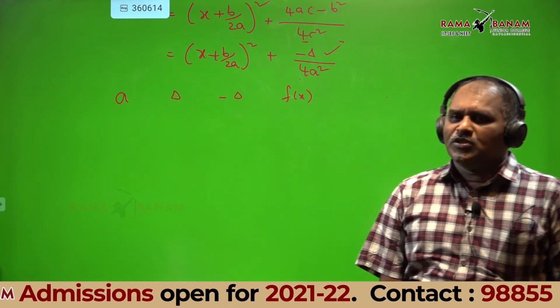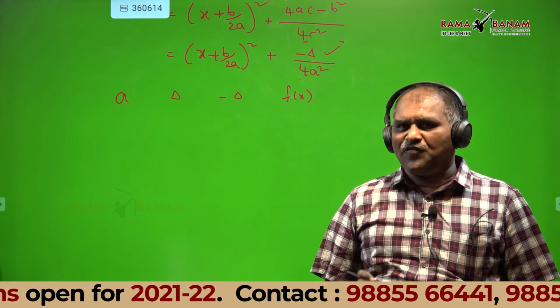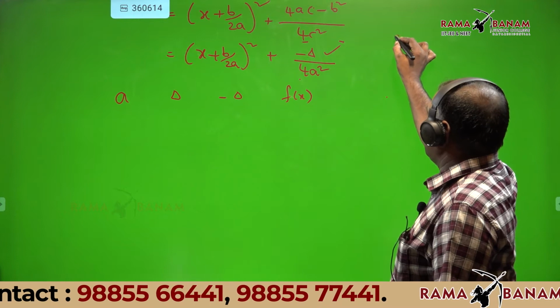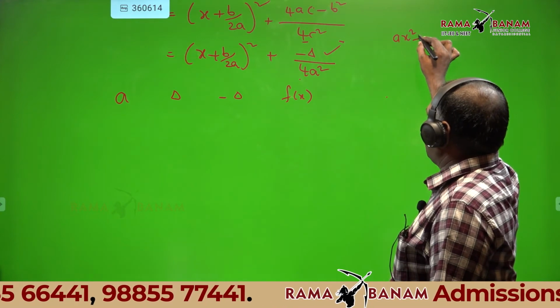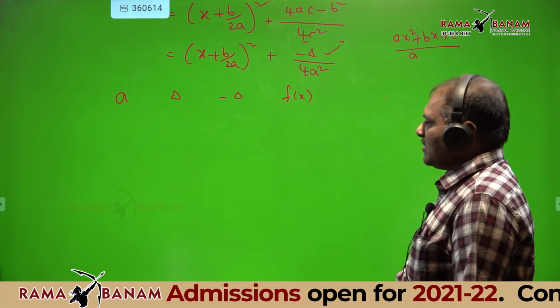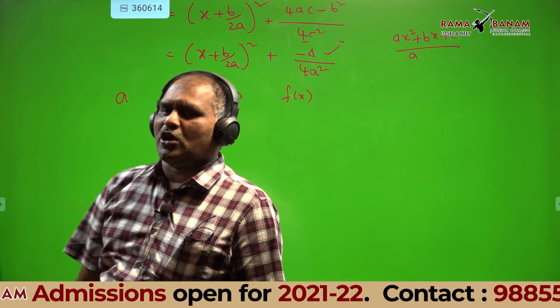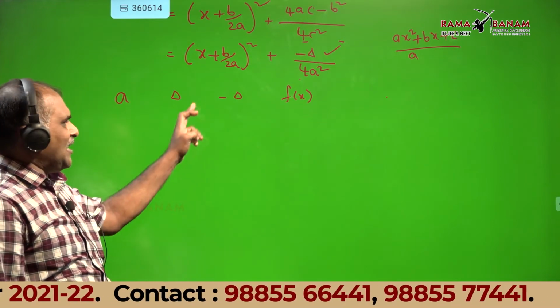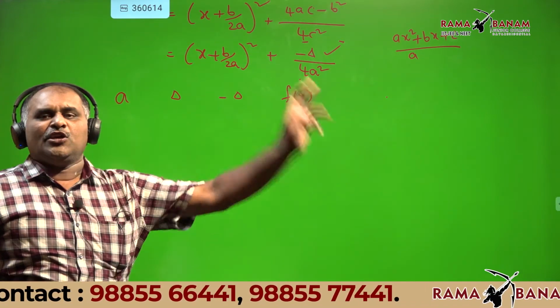Listen. Generally, what is the function? Ax square plus bx plus c by a. This sign depends on minus delta. That means I have written a, delta, minus delta, and f of x.